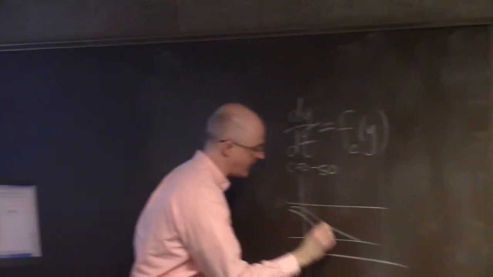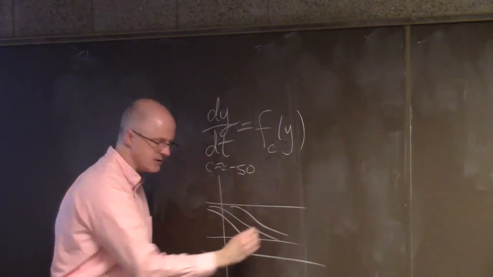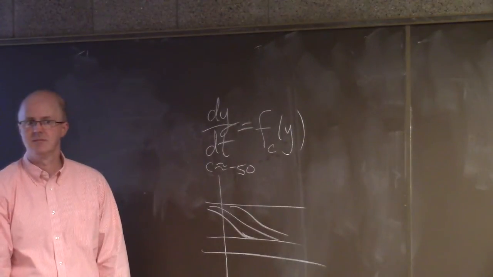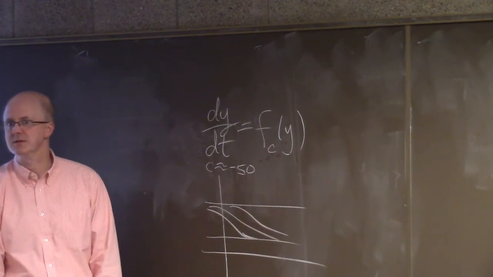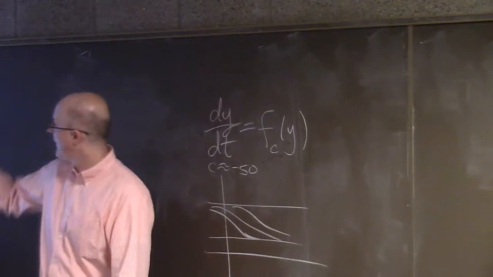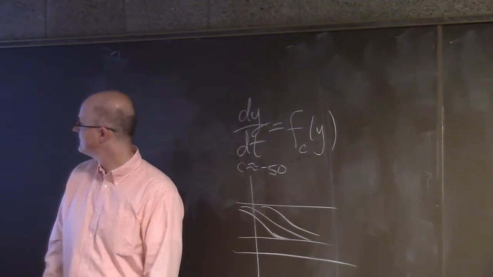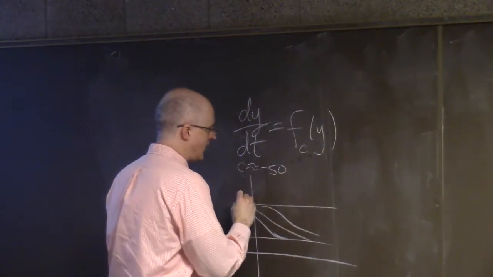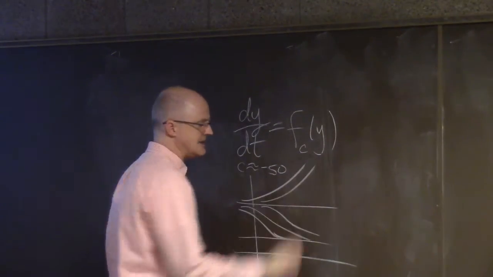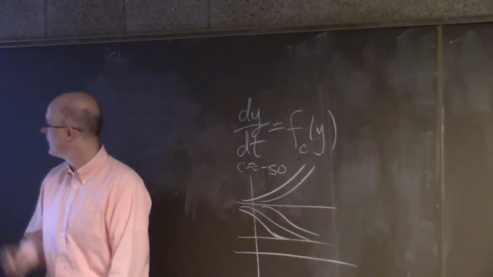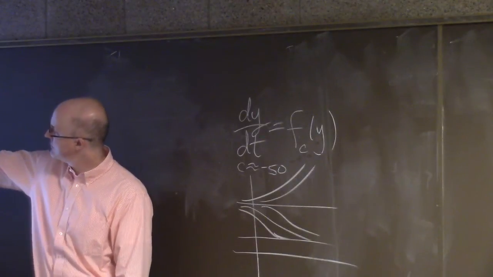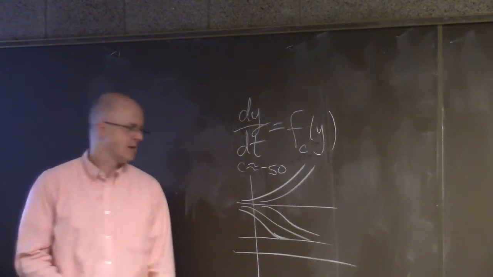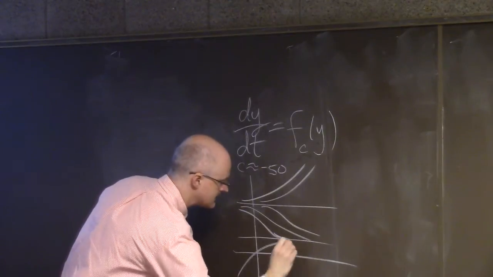Again, I'm drawing them for you, but you have to describe this in words. You could make plots too if you're ambitious. When y is bigger than 6.5, whatever that biggest root is, then f of y is positive, so solutions are increasing. And when f of y is positive to the left of the lower root, solutions are also increasing, so you get something like this.